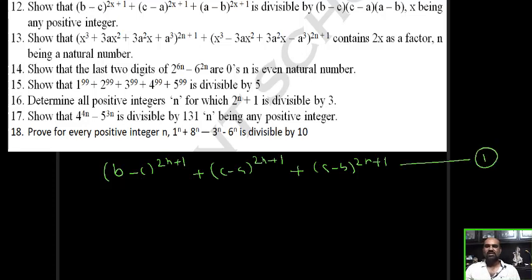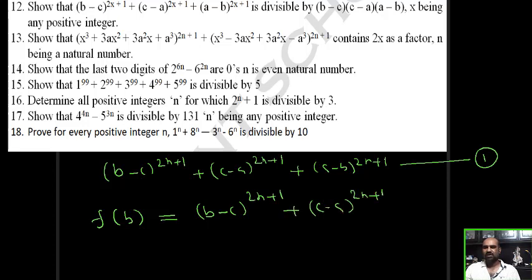Now I want to assume this expression is a polynomial in b. Actually this is a polynomial in a, b, c. So I want to assume this is f of b. f of b equals (b minus c) whole power 2x plus 1 plus (c minus a) whole power 2x plus 1 plus (a minus b) whole power 2x plus 1.